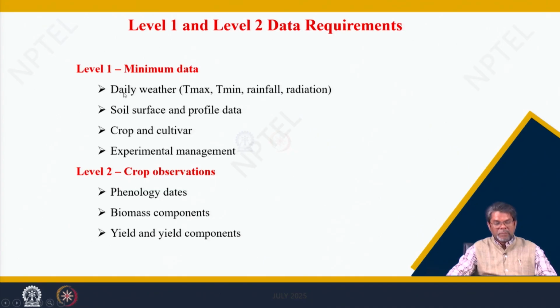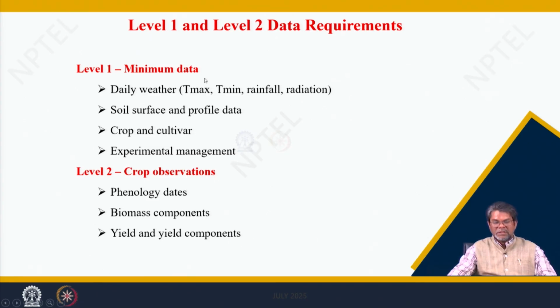So, these are the 4 files as input to the crop model, and these 4 files are required for running the simulation exercise. So, this is the minimum data set required for operation of a model or for simulation of any crop model. To go for simulation output, you need these 4 minimum data sets, that is a must.